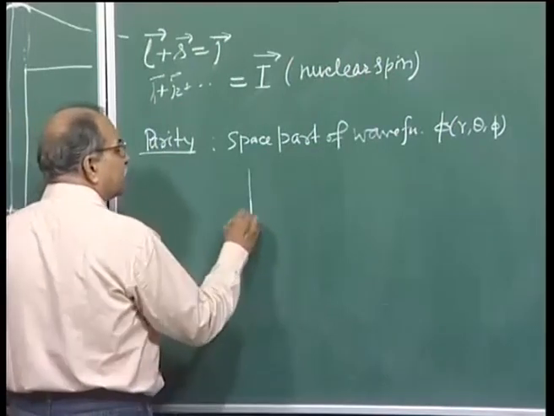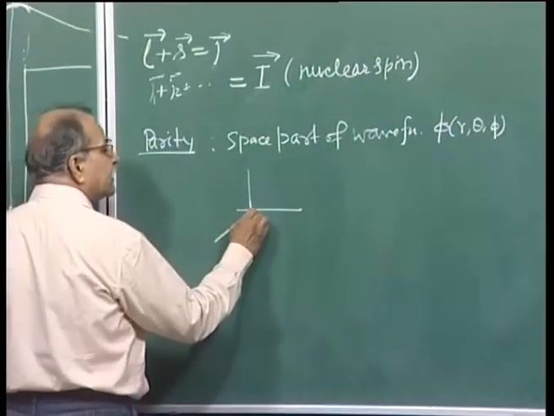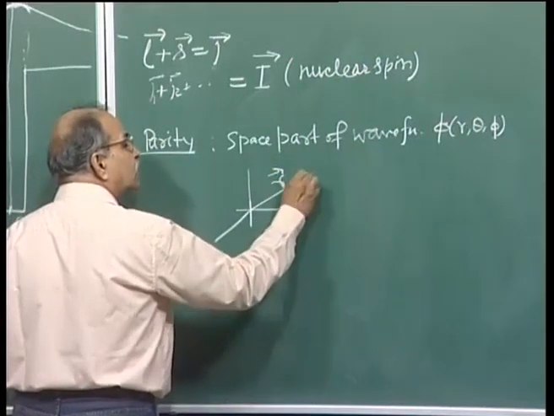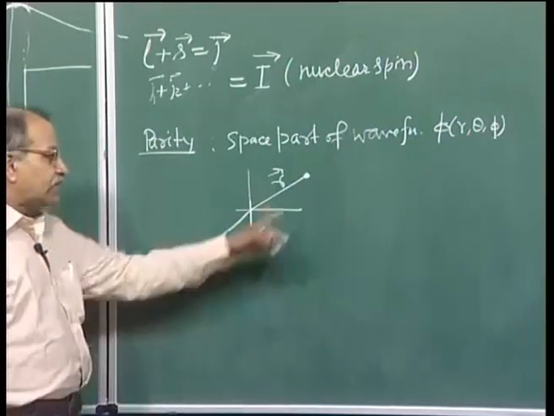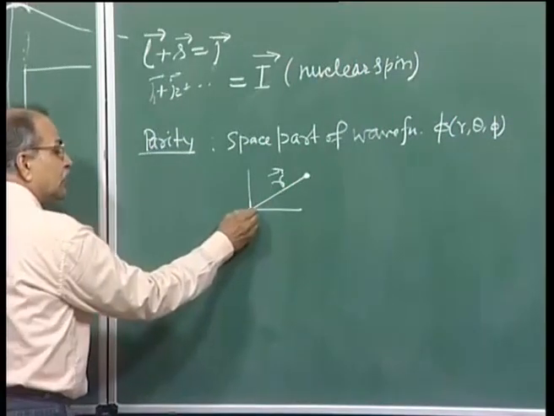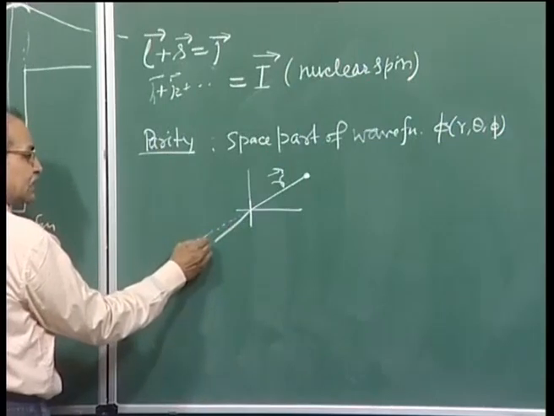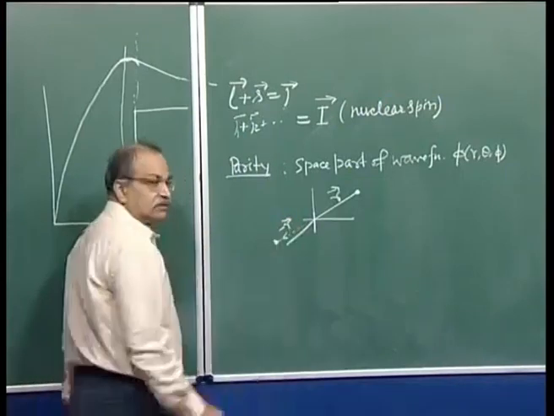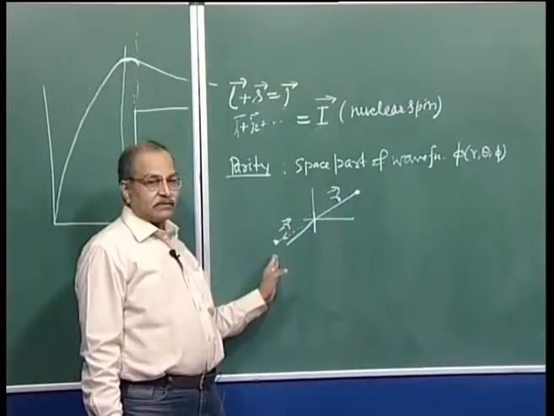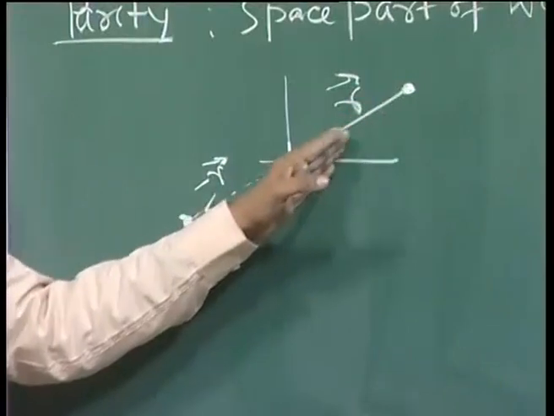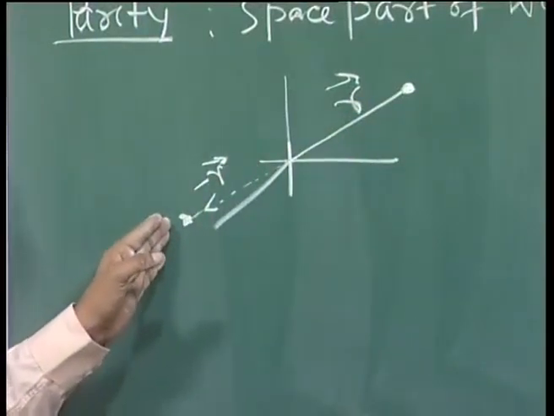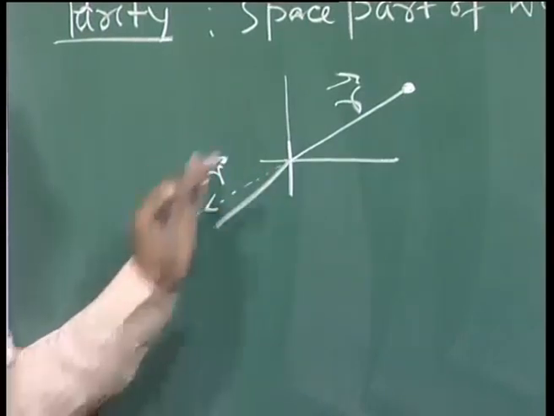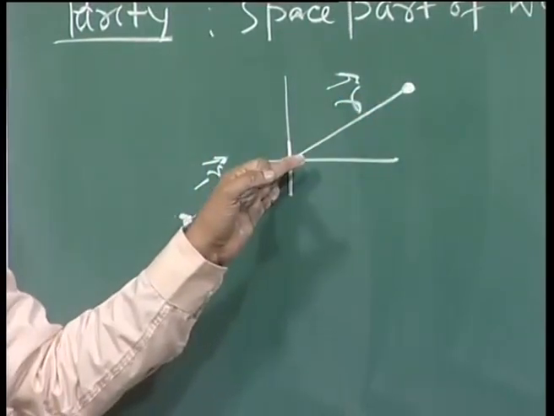Consider this, if you have a point here, this point which is at position vector r, reflect it in origin, you will reach somewhere on the other side at the same distance, and this position vector will be minus r. So, that is reflection in the origin. You extend the same line on the other side, and then at the same distance you locate the point. So, this point is just the reflection of this point in the origin.